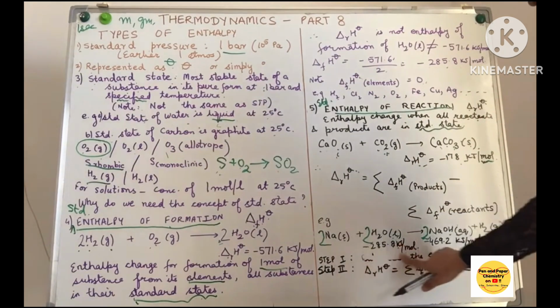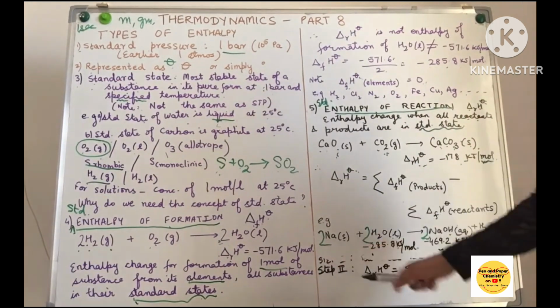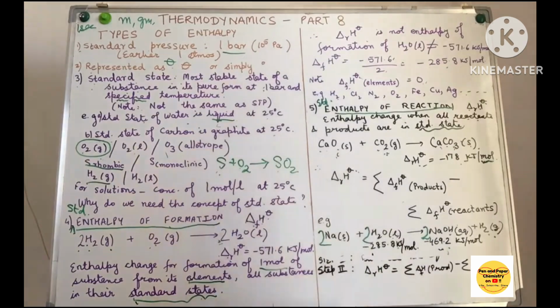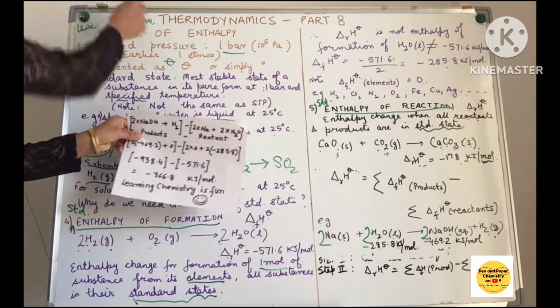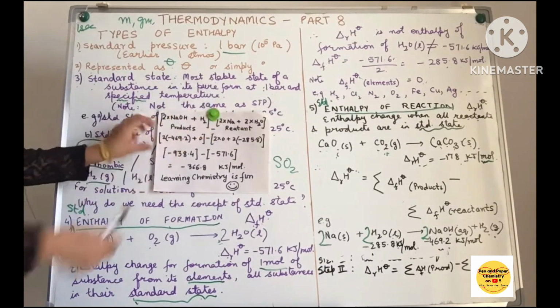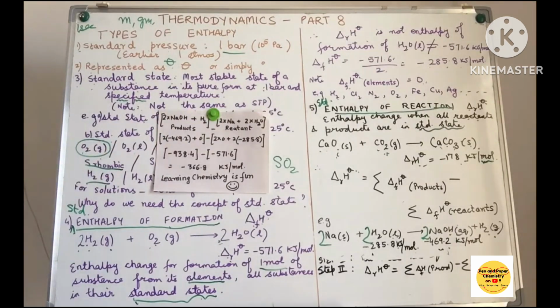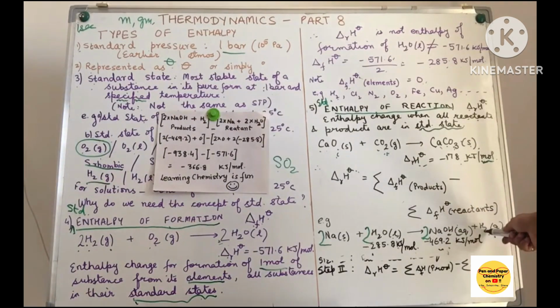So we go on to find out the enthalpy change during this particular reaction. Simply put, it is the enthalpy of products minus the enthalpy of the reactants. So, if you notice, in the products we have sodium hydroxide, hydrogen.